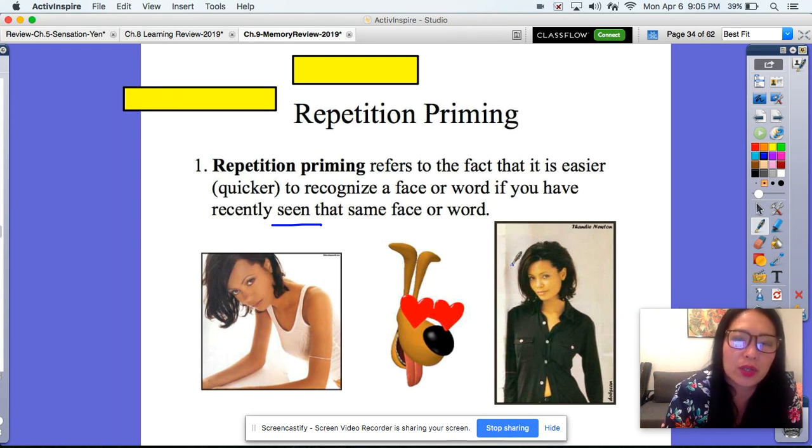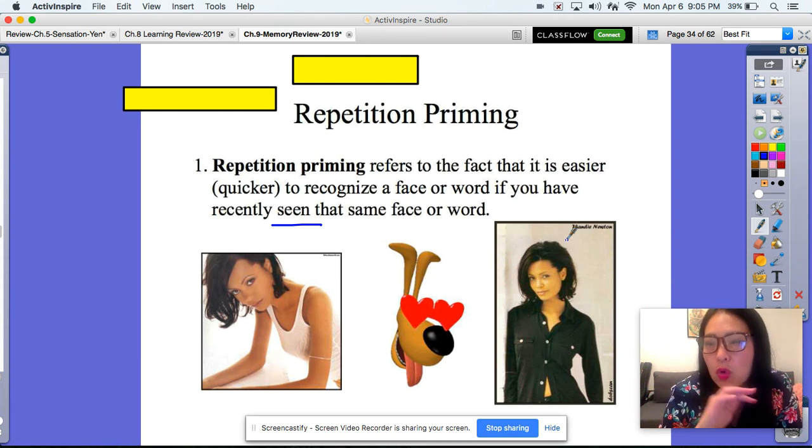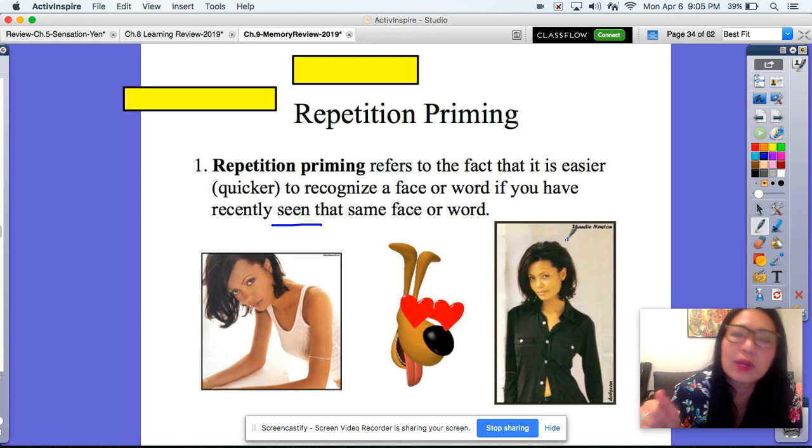Even though if you look at her, it actually isn't Rihanna. But during that time where she was really big and popular, or the whole drama with her and Chris Brown and the domestic violence case, when she was constantly in the news media, us being able to recognize someone that kind of looked like her, we're more likely to say, hey, I think this is so-and-so because it's repetitively shown to us.